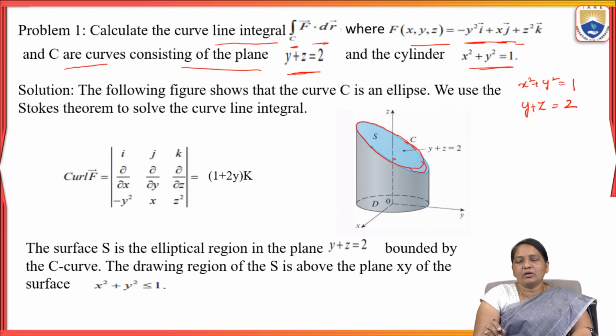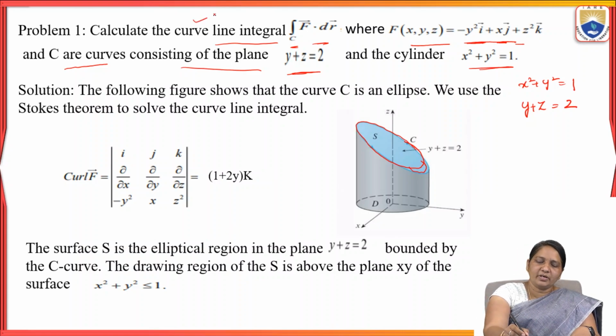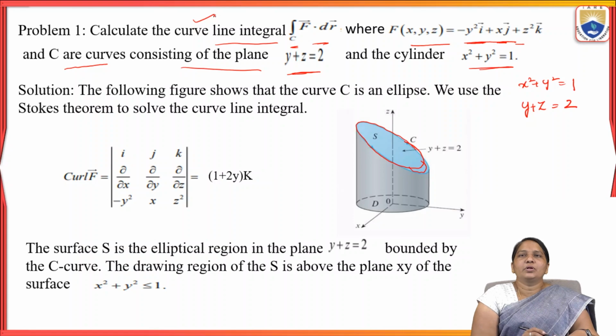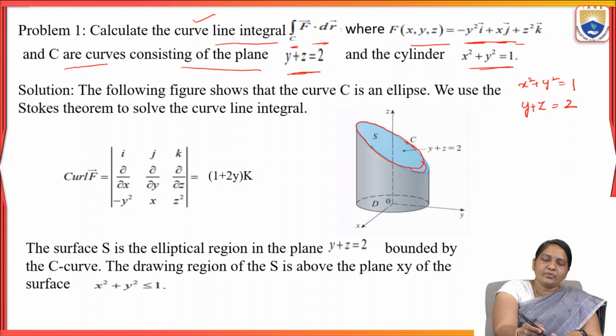Now to calculate along this path, what are we going to use here? We are going to use the Stokes theorem. Actually in this problem they did not mention Stokes theorem, while in some problems they say using Stokes theorem.